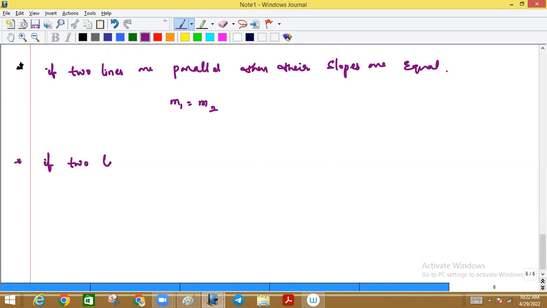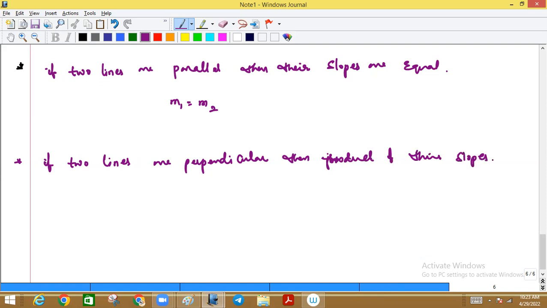If two lines are perpendicular, then the product of their slopes is equal to -1. M1 into M2 is equal to -1.